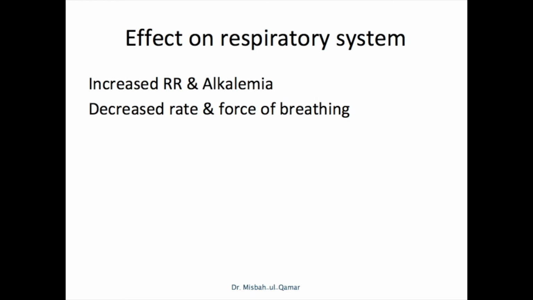And there is alkalemia, which is caused by the excessive washout of carbon dioxide. But later comes the failure of the respiratory center, which results in reduced rate and force of breathing and ultimately shallow periodic respiration.